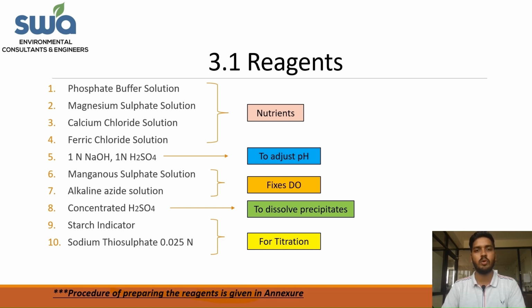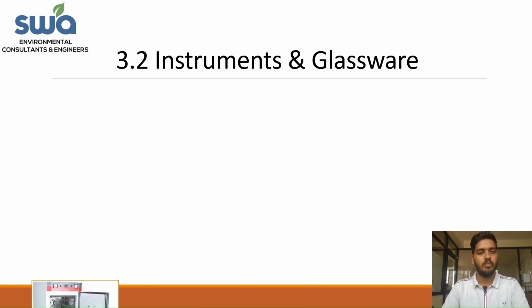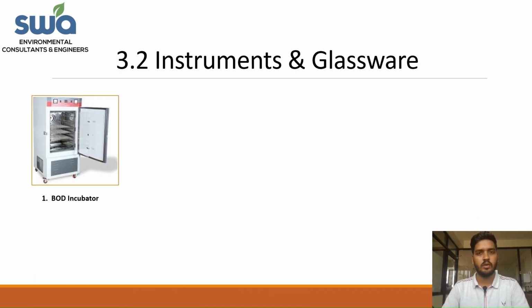Now let's see which type of instruments and glassware we will require. In instruments, we will require only a BOD incubator, which provides the environment to the bacteria to degrade the biological matter present in the sample by providing them a suitable temperature and moisture.